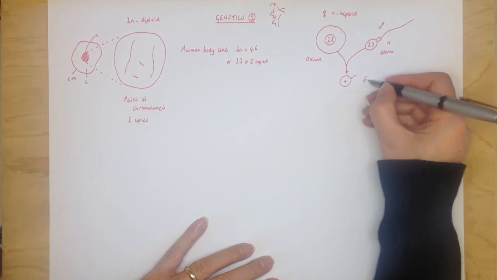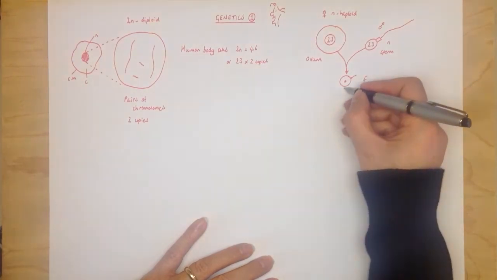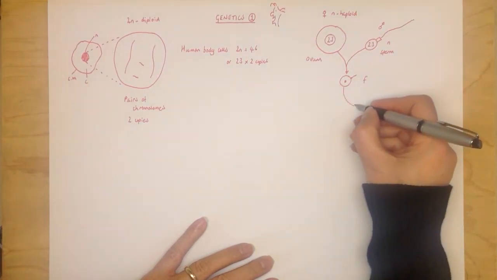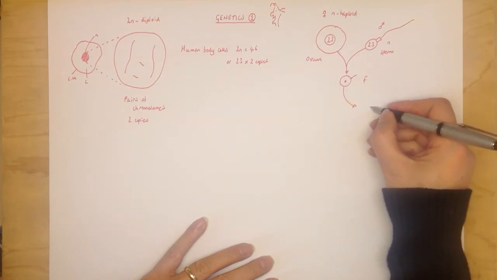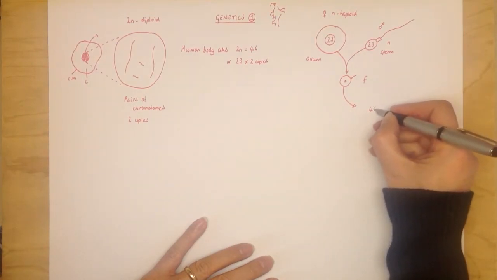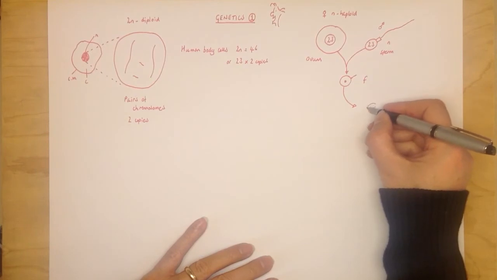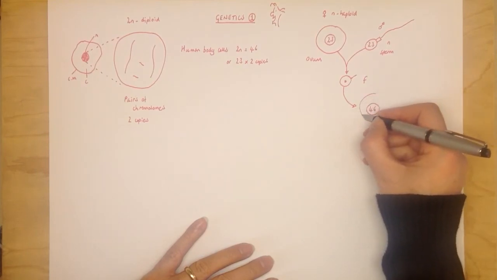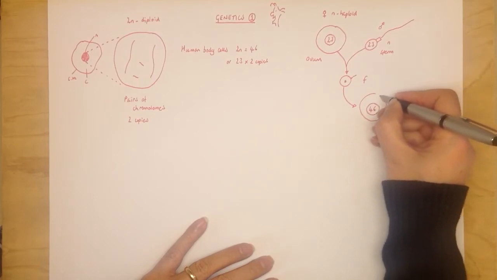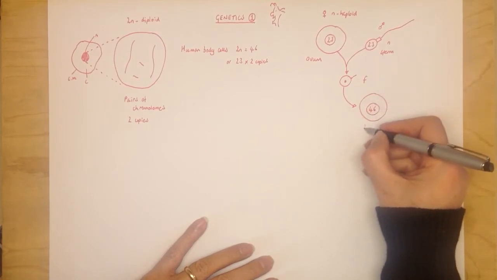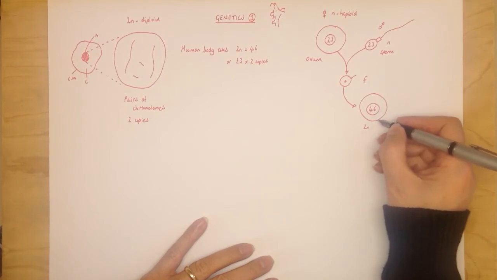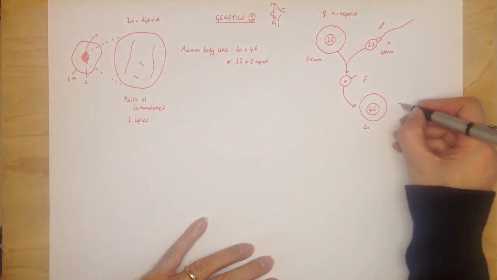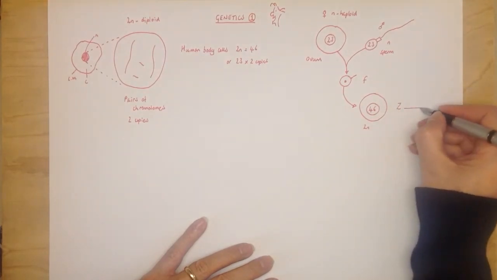That process is called fertilisation, and then you end up with a fertilised egg cell, and the 23 different chromosomes from the ovum pair up with the 23 different chromosomes from the sperm to give you your 2n number, your diploid number of 46, and you have the fertilised egg cell, which is called a zygote.